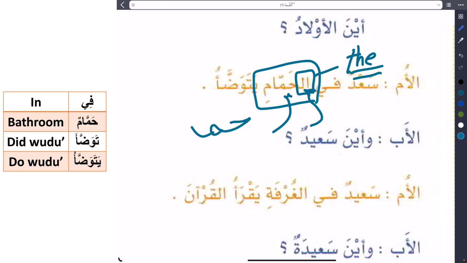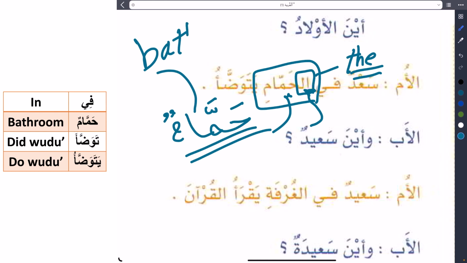The base word is hammamun. What does this word mean? Hammamun means bathroom.